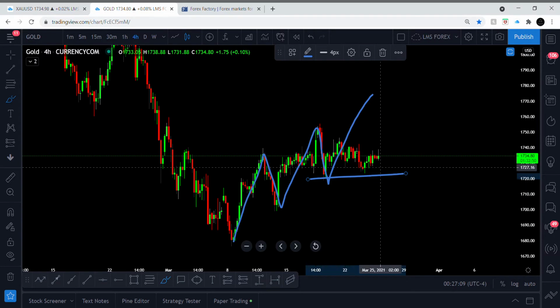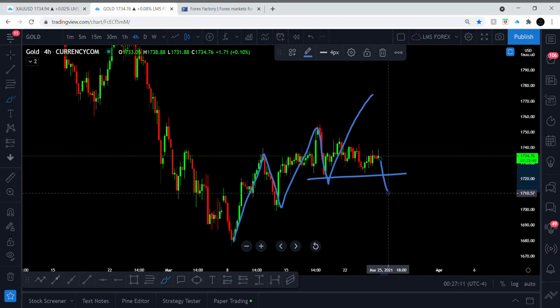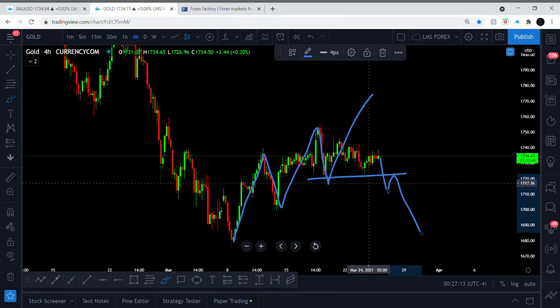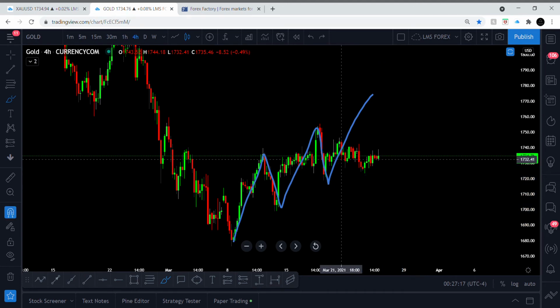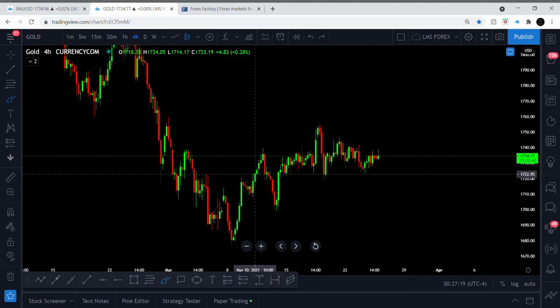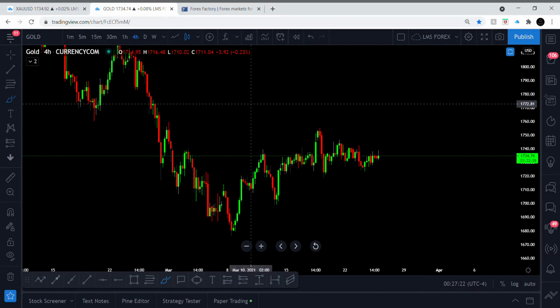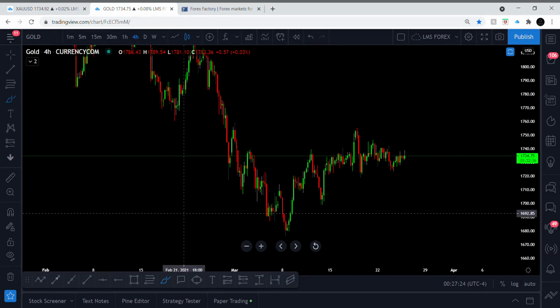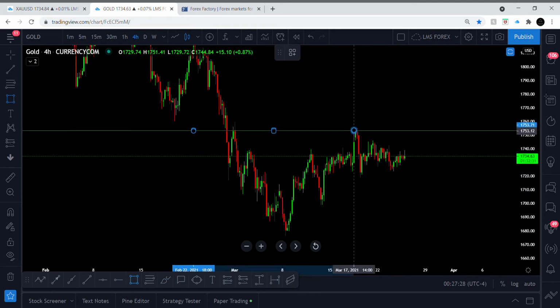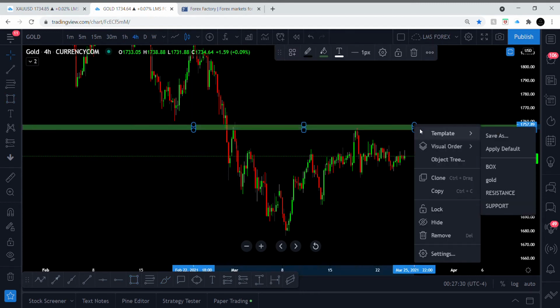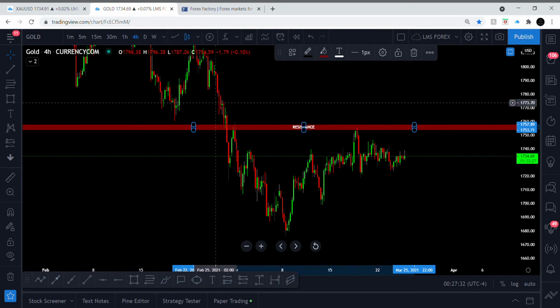The minute that the price crosses this, I'm considering this now a downtrend. So based on what I'm telling you, I have to draw my resistance and support. So now I will be going from here to here as my level of resistance.